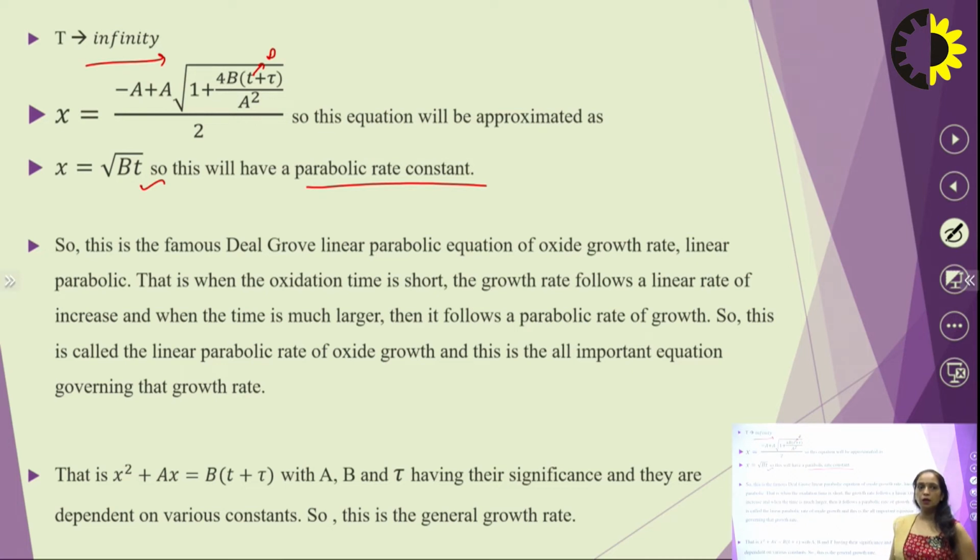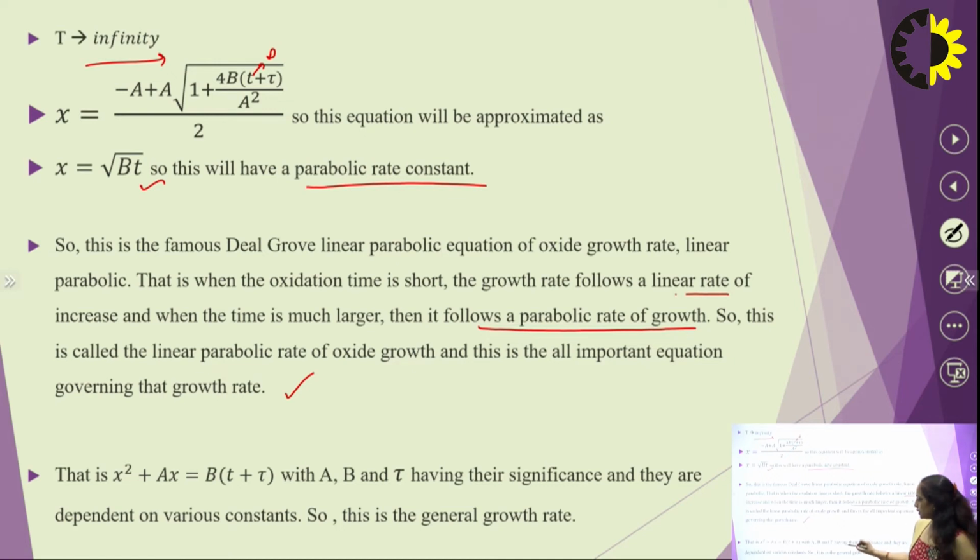That is, when your oxidation time is short, the growth rate follows the linear rate of increase, and when your time is much larger, it follows the parabolic rate of growth. So this is called the linear parabolic rate of growth, and this is a very important equation governing the growth rate.